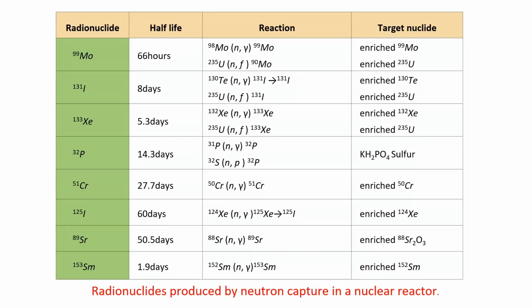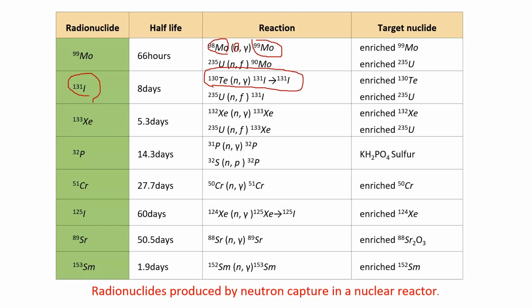This table shows the radionuclides produced by neutron capture in a nuclear reactor. Here, the target material is molybdenum. Molybdenum captures the neutron to become molybdenum-99, which is a radionuclide. And iodine-131 can be obtained from this reaction.